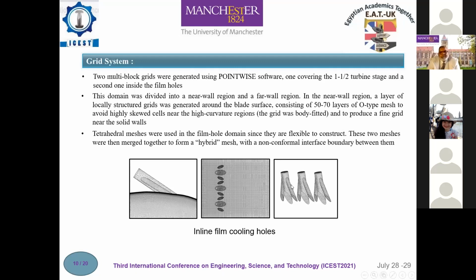The domain of the half turbine stage was composed entirely of hexahedral meshes, which are more accurate with less numerical diffusion. This domain was divided into a near wall region and a far wall region. The second domain, on the other hand, consisted of two rows of film holes. Tetrahedral meshes were used in the film hole domain since they are flexible to construct. These two meshes were then merged together to form a hybrid mesh with a non-conformal interface boundary between them.